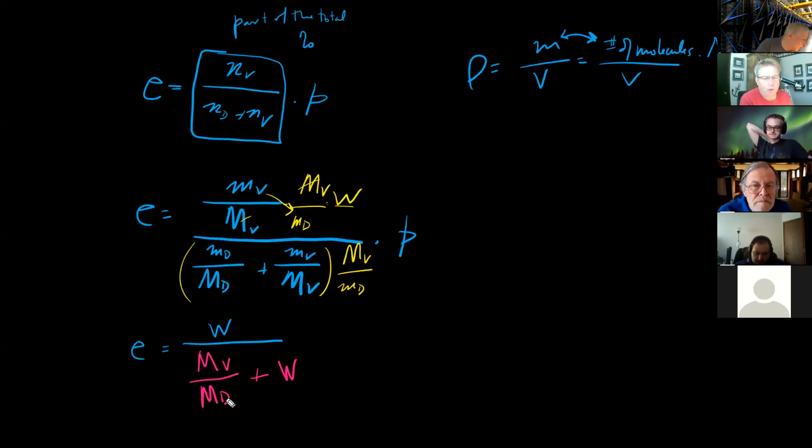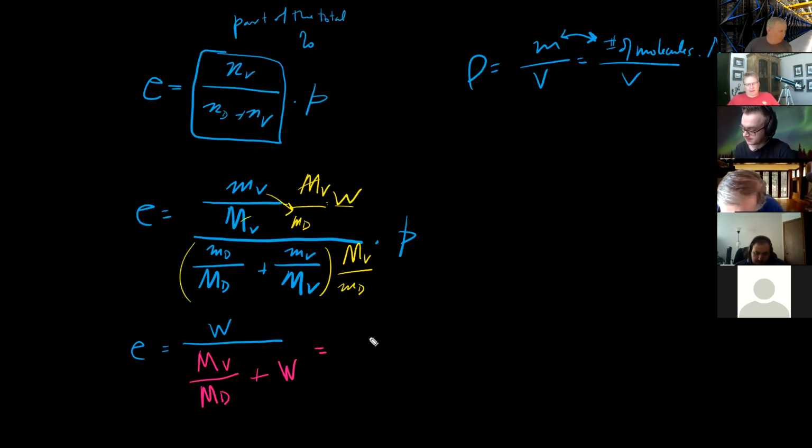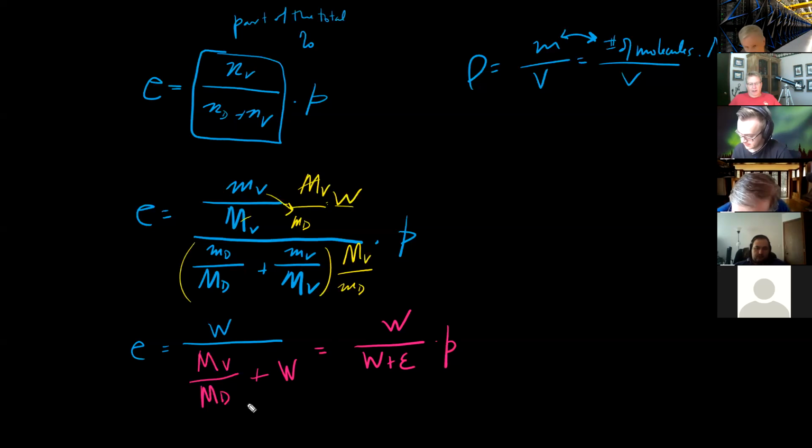So from equation 3.14, if you're going to write up good notes, this is equal to epsilon. So what I get is W all over W plus epsilon times the pressure. And all they did was switch these two terms. They switched the sign. That's it.